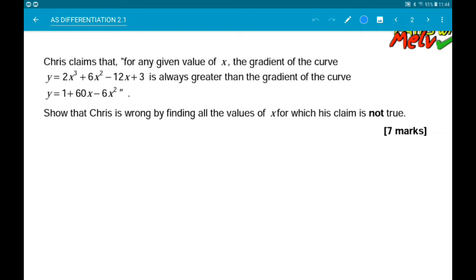We want to show that Chris is wrong by finding all the values of x for which his claim is not true.